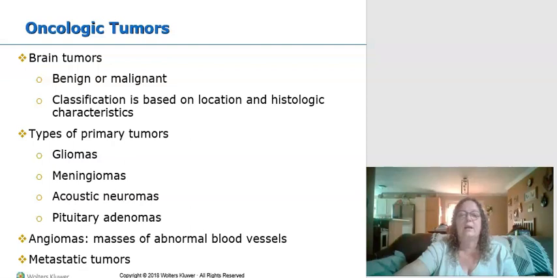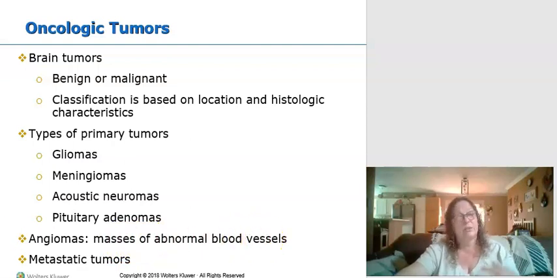Types of primary tumors include gliomas, meningiomas, acoustic neuromas, pituitary adenomas, angiomas, so these are masses of abnormal blood vessels, and metastatic tumors.